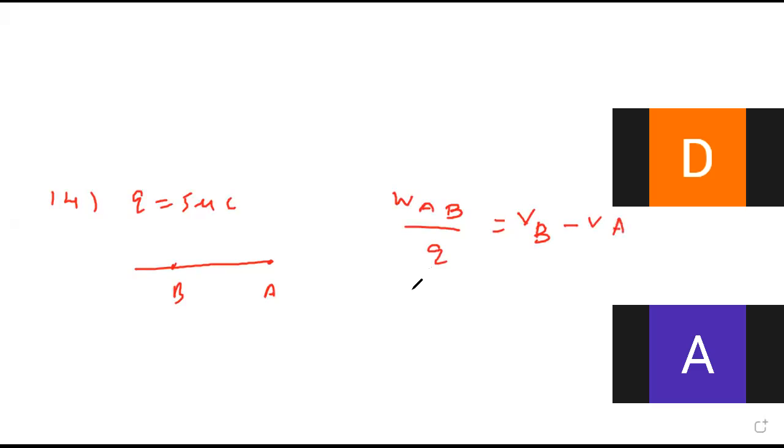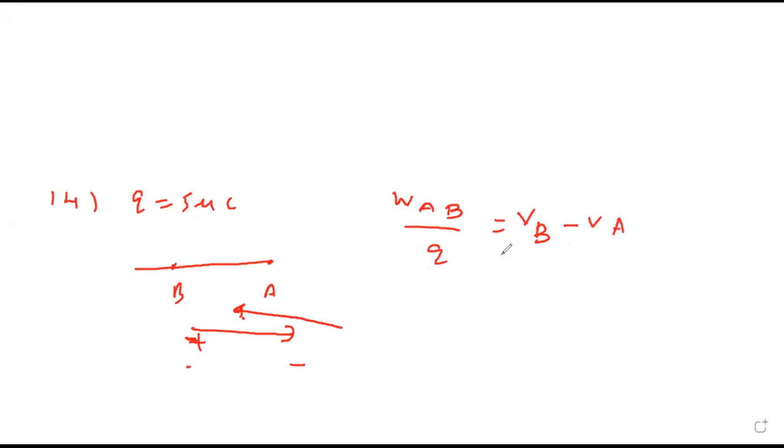It is always like that because in the field of a positive charge, the field is from positive to negative. So if I am moving in the field, this positive charge will repel, so the stored energy of B will be greater as compared to A. So when a positive charge is moved from A to B, the potential at B remains greater, therefore VB minus VA.